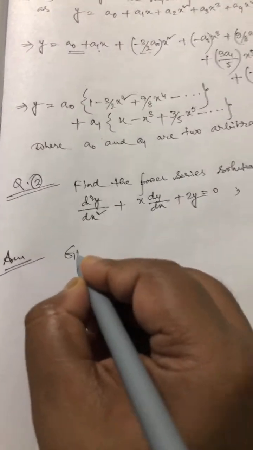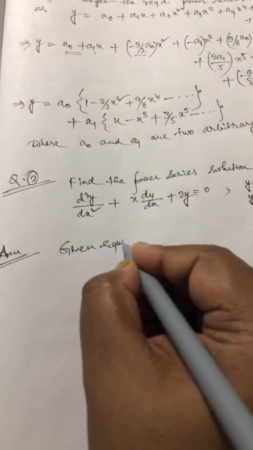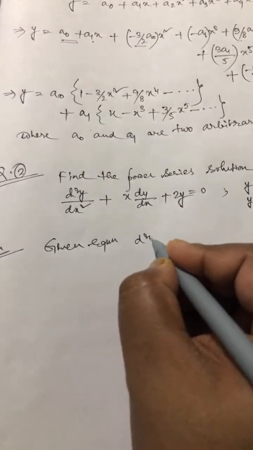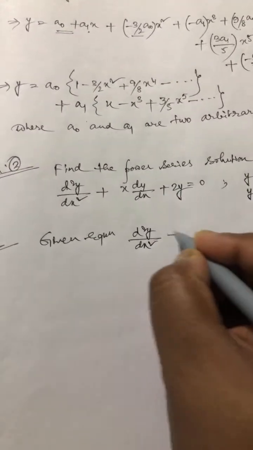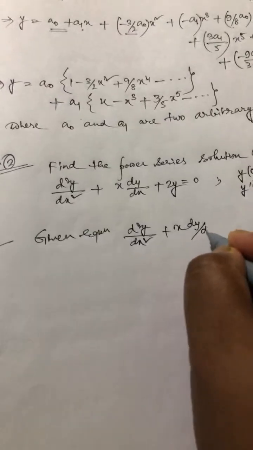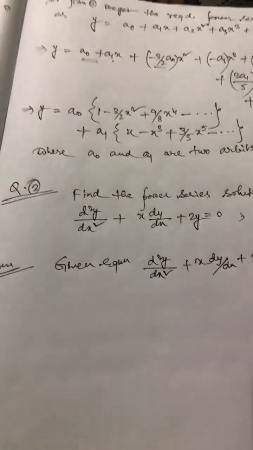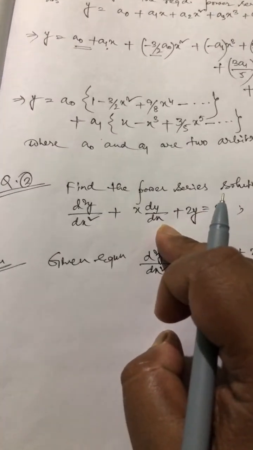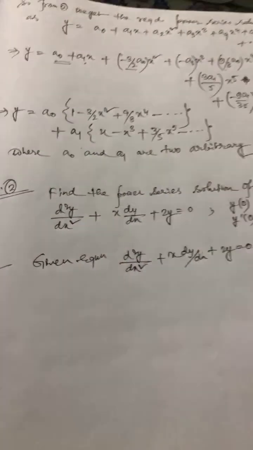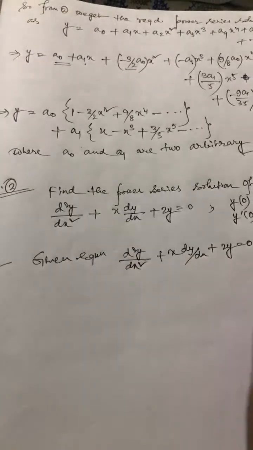So given equation, here nothing is mentioned, so you have to check about x equal to 0. Okay, so given equation is like this.